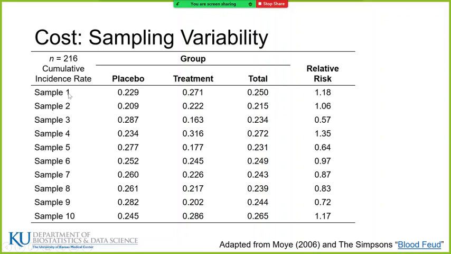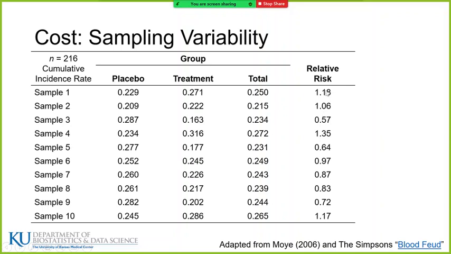Let's say I'm the PI for that study. My protocol is followed exactly by investigator number 2 at a different institution. They take another sample of the exact same size, apply randomization in the exact same way to a different set of 216 patients, and they end up with a relative risk of basically 1.06.